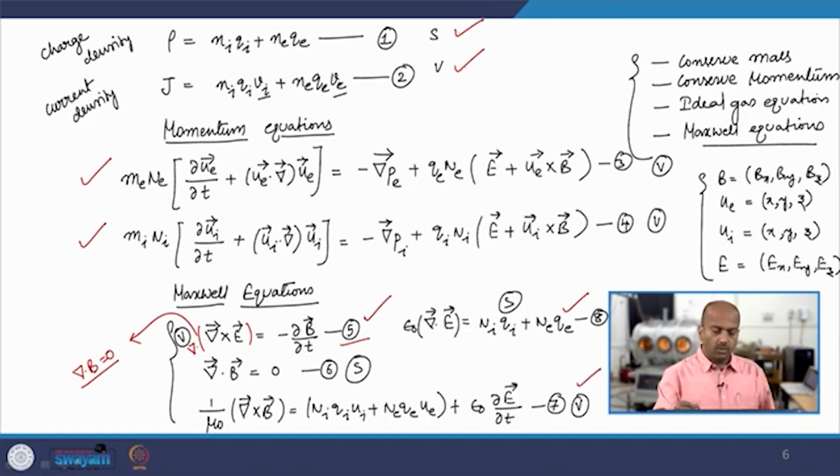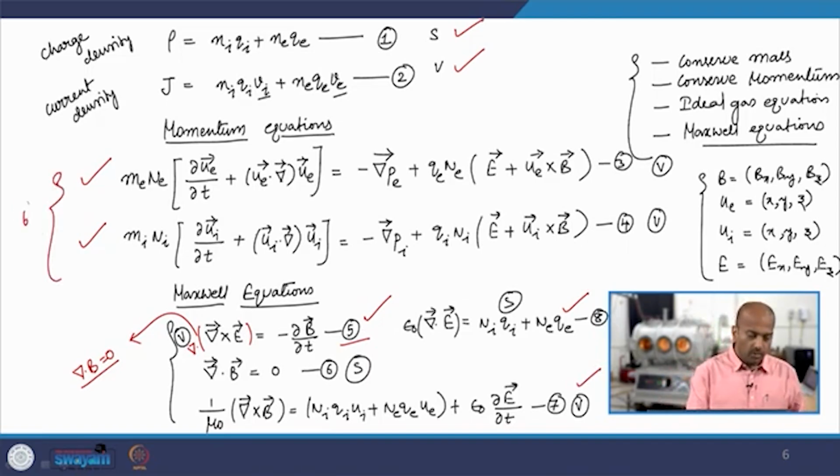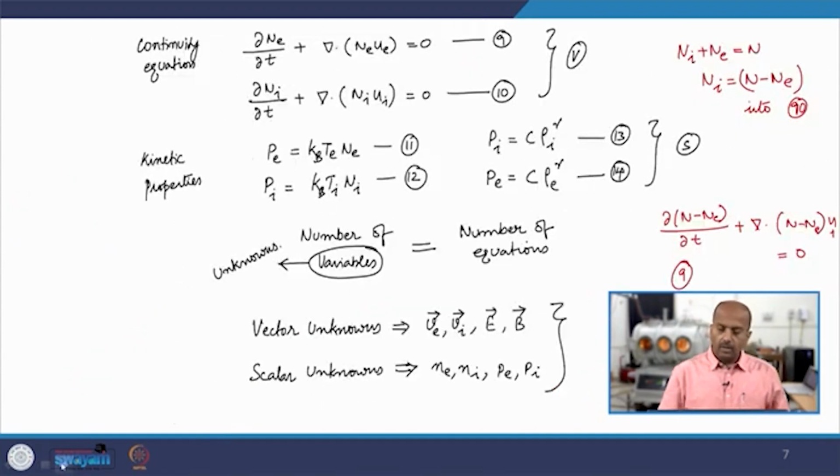How many are there? 1, 2, 3, 4, 5, 6, 7, and these two equations are actually equivalent to 6 equations, right. 6, 8, 9, 10, 11 from here, and out of these we will take only one equation, and out of these two we will take one equation. That is it, right. So, in total we have an equal number of equations and variables.